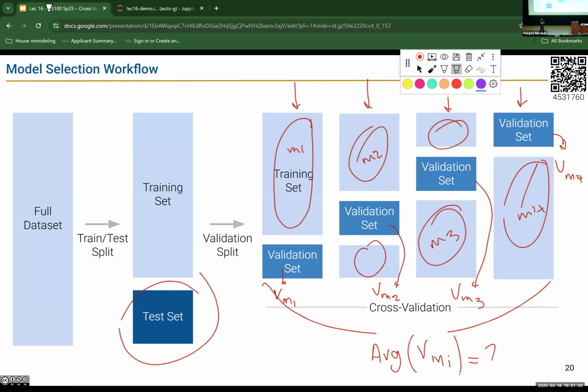So those are my selections. Then I go back to my training set and train that model entirely. Now I don't need a validation set separately because I already made those decisions. I don't need to test anything internally anymore. So I train a model with those hyperparameters. That's the model. Then I pass it to the test set to be tested.